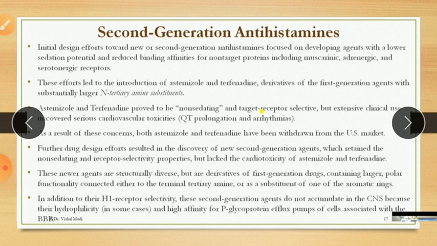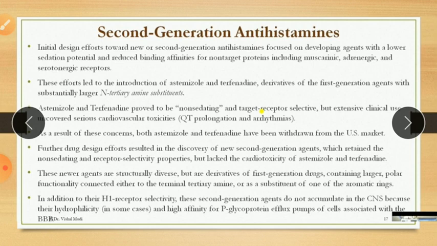Then new second generation drugs were discovered which do not have this cardiotoxicity, including acrivastine, cetirizine, levocetirizine, fexofenadine, etc.